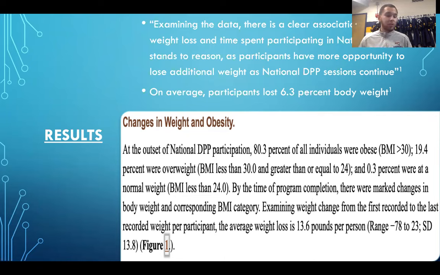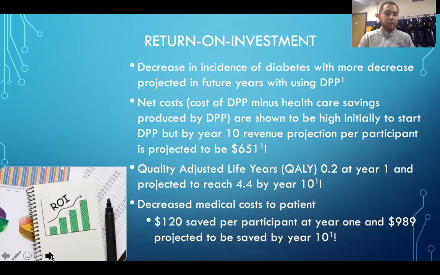So that just shows the high incidence of diabetes in West Virginia and the population that they conducted the study on. But the 0.3% is pretty interesting considering how many people they had and the positive results that they've seen. Also, there was an average weight loss of about 13.6 pounds per person.